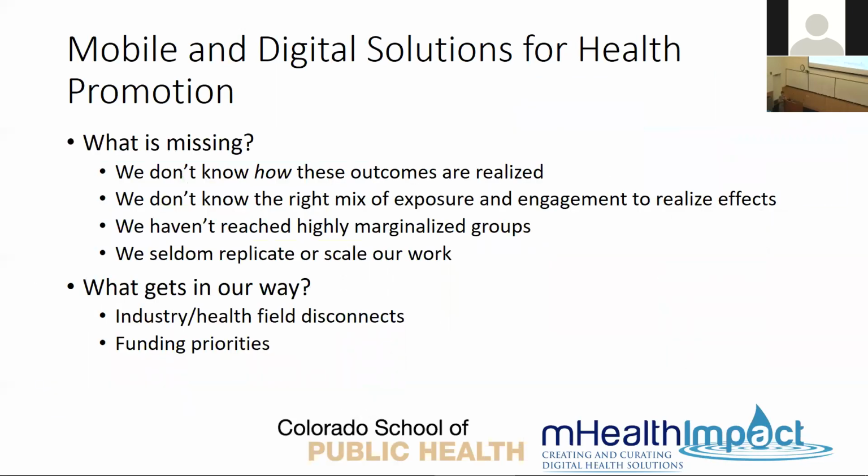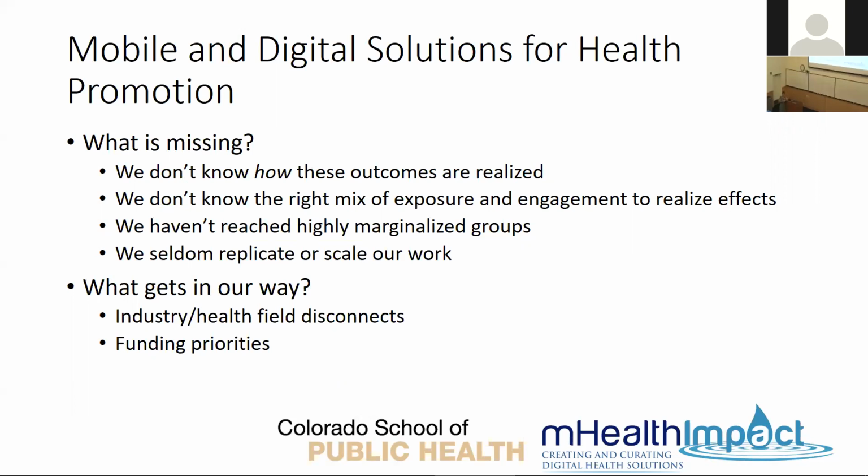So what is missing now? We're starting to get good efficacy data, but a lot of this is starting to also help us understand. We can show in our trials that if you expose people to an intervention using a mobile tool, you can get a result. However, we don't know what's under the hood. What's the pathway? How did we get there?